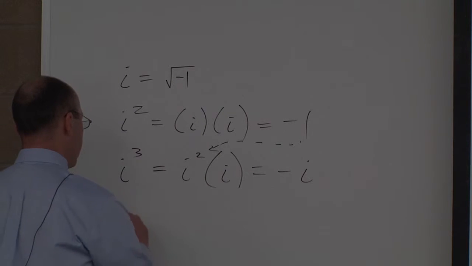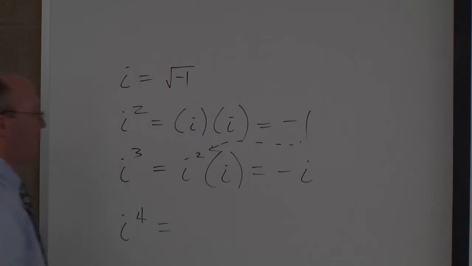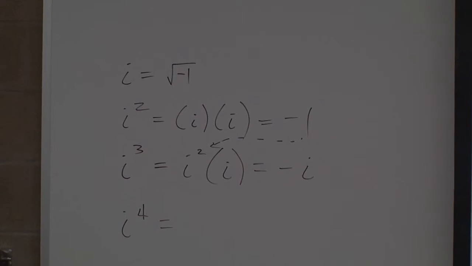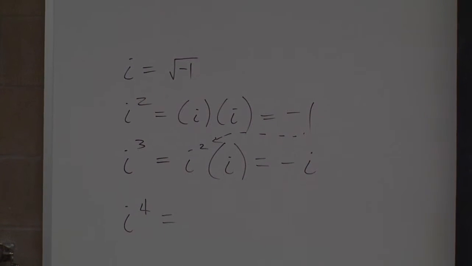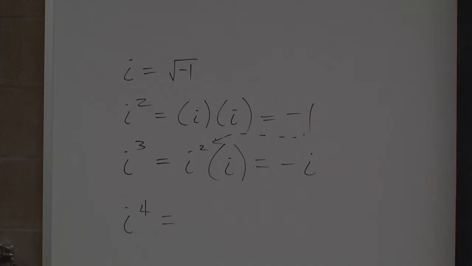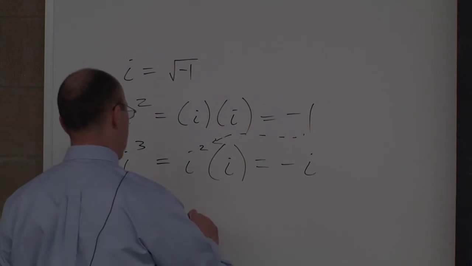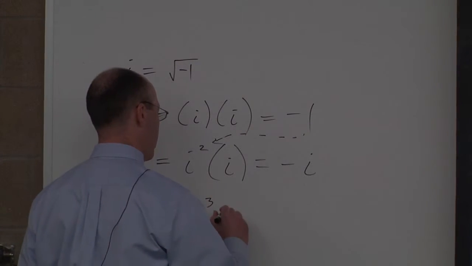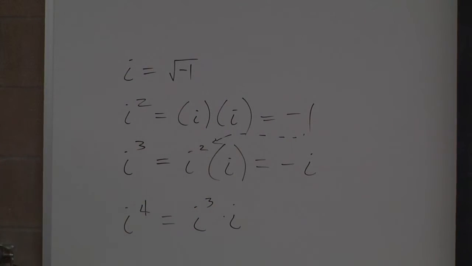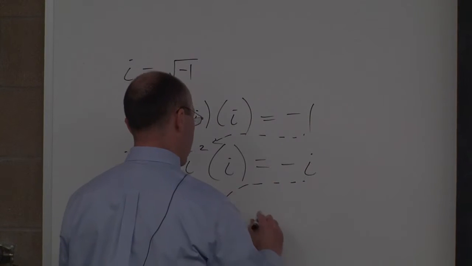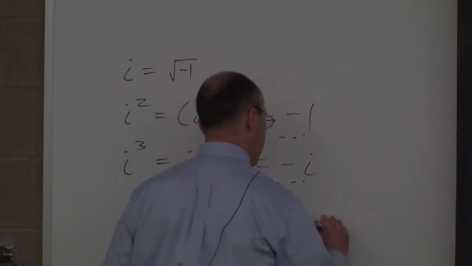You can keep going. Again, you don't have to reinvent the wheel every time. i to the fourth technically means i times i times i times i, but you just did i to the third, so let's use that. i to the fourth is i to the third times i. We substitute that in, what you get is -i times i.